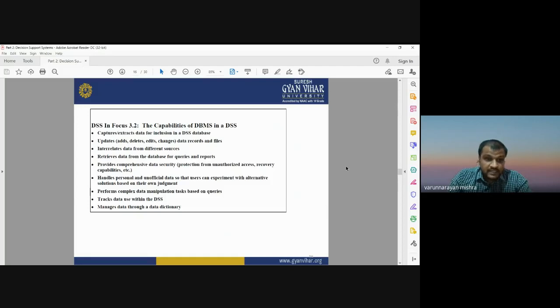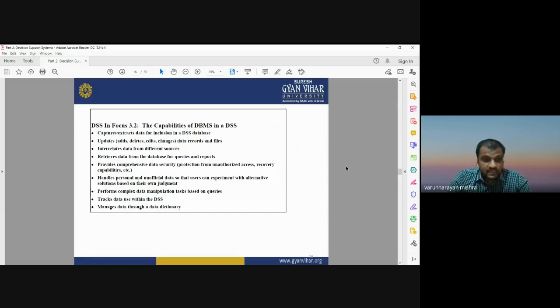We can update, as we discussed in the database management class: we can add, delete, or edit any kind of data sets. In the same way, this property of the database management system is very useful in a decision support system. We can add, delete, edit, or change any data record and file in the database.